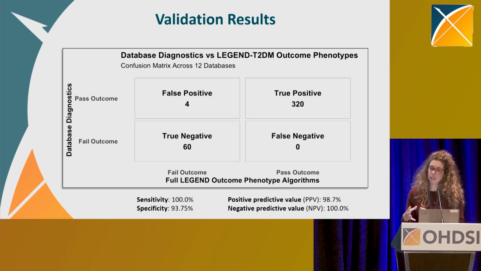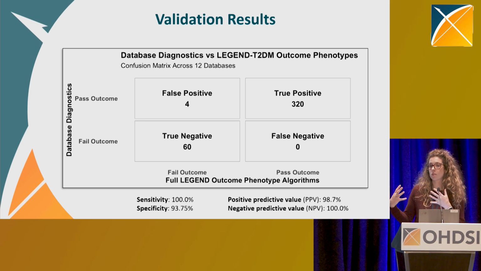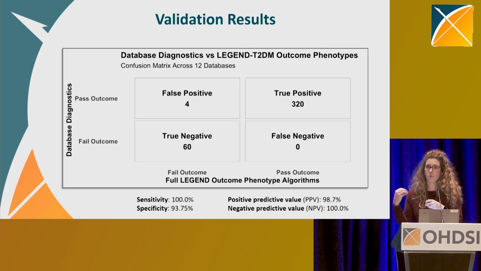And what was really exciting as we looked at the results is not only did database diagnostics identify those databases that could not support individual outcomes, it also told us why they couldn't support it. And that was really interesting as I compared the results from the Legend Diabetes study back to what data diagnostics was telling us, and getting that insight into why was really helping me identify potential data quality issues or potential design issues with our phenotypes.